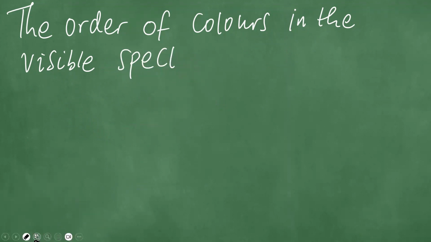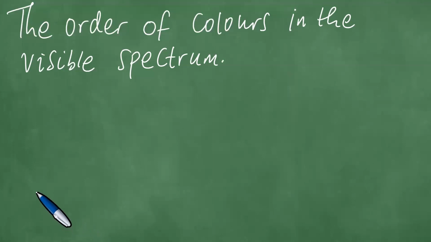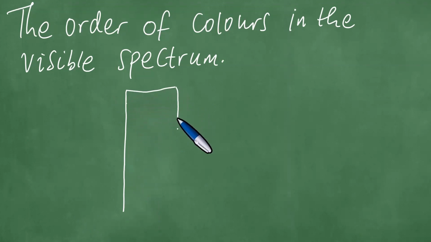The order of colors in the visible spectrum. Let us look at the order of the colors here.